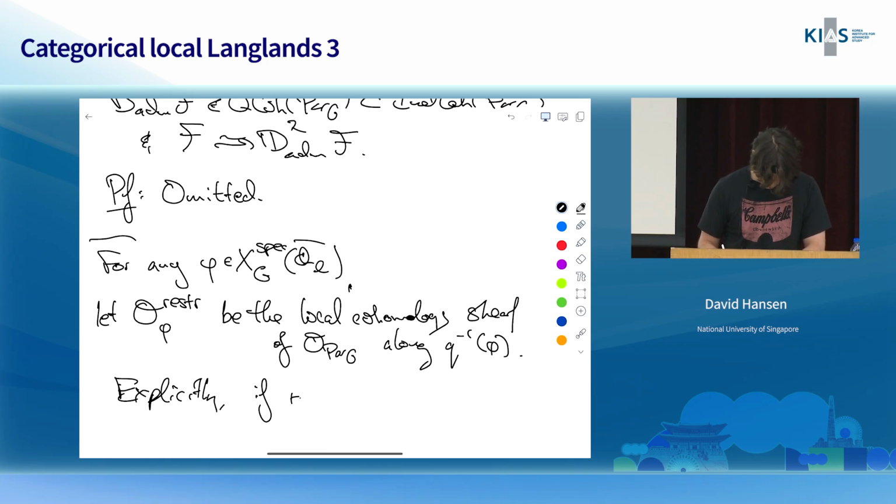This thing downstairs, up to component issues that you should ignore, is affine, right? So this is just cut out by some ideal, F1 through Fn.